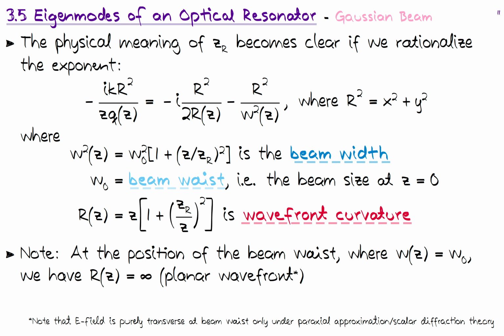And please note that saying we have a planar wavefront really means that, in principle, we have a purely transverse electric field at the beam waist. This is an approximation, because we are assuming that the paraxial approximation holds. The next level of approximation would be that the so-called scalar diffraction theory holds. When these approximations are valid, then the electric field is purely transverse at the beam waist.